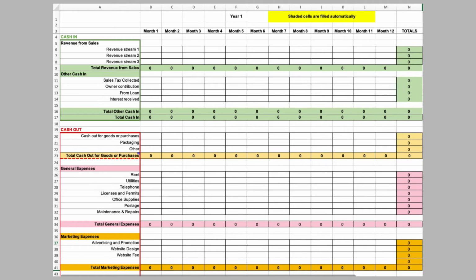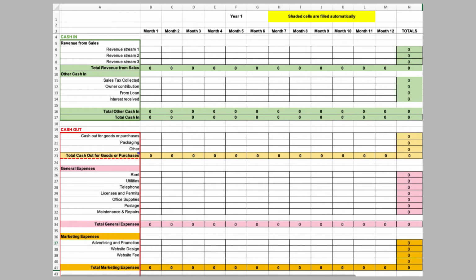The second bucket that we have in cash in is other cash in, and that captures all the money coming into the business that doesn't come from selling products or services. This would include sales tax collected, any owner contributions that you might have kicked in, any money coming in from loans, an SBA loan or a loan from your Uncle Bob, and also any interest received on your savings accounts or checking accounts or any other investments the business might have made.